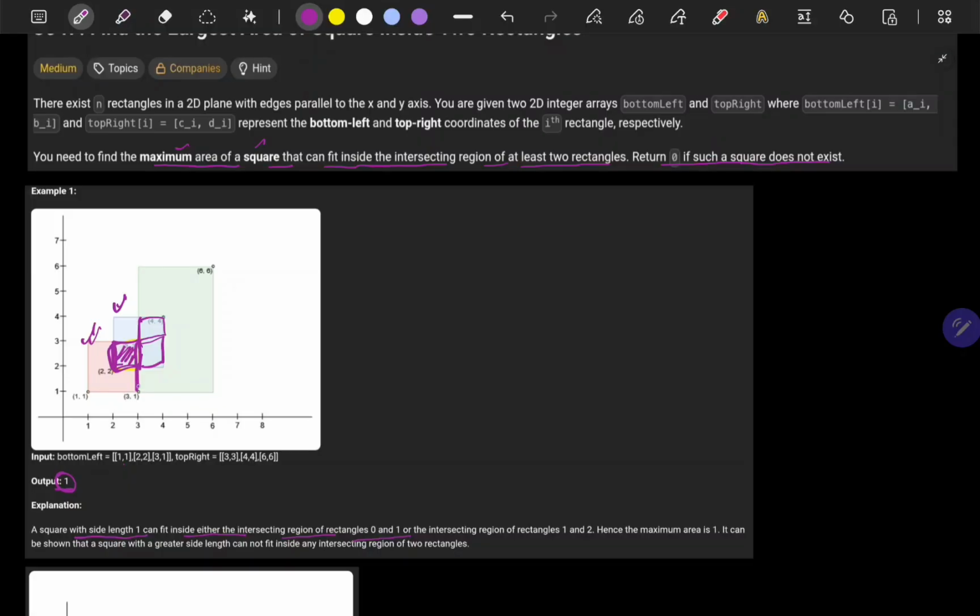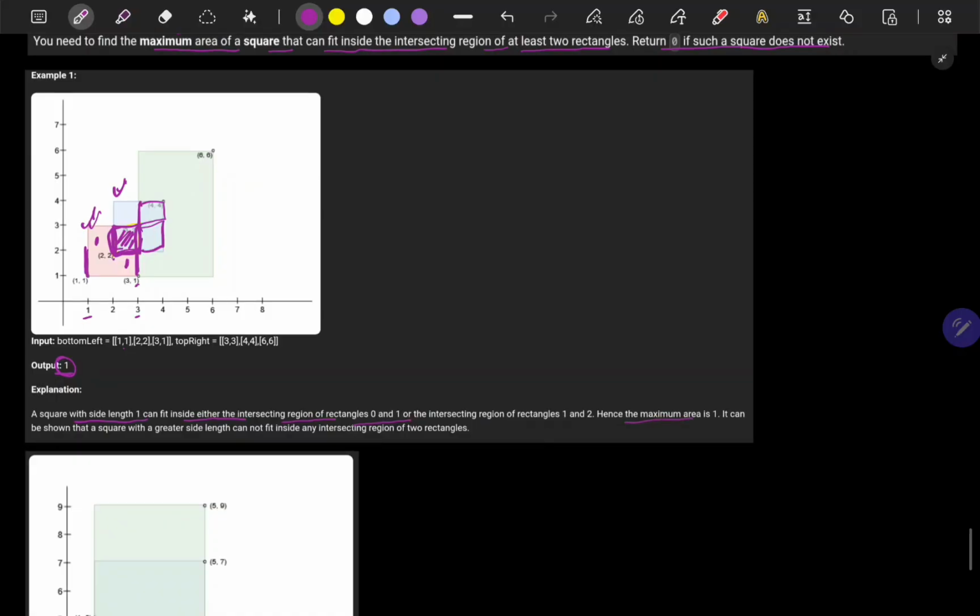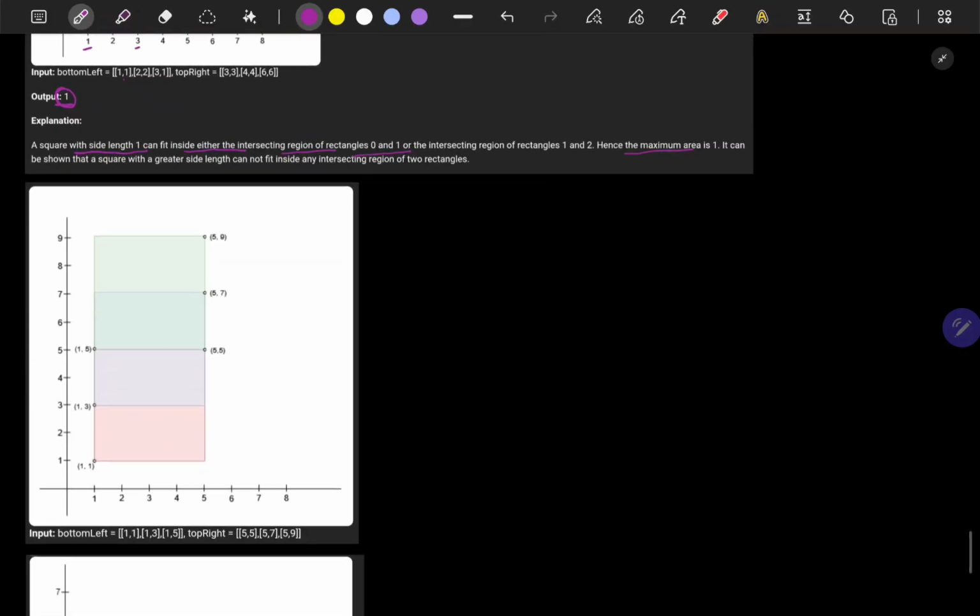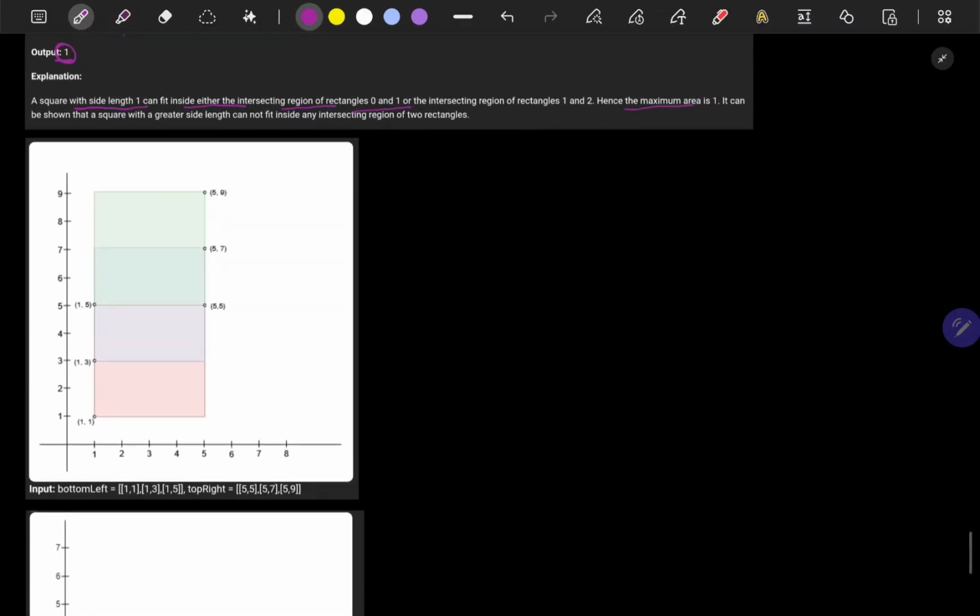Because if you see this length, 3 minus 1 is 2, meaning this is 1 unit and this is also 1 unit. Also for rectangles 1 and 2, we have this region overlapping, but a square can be of this one only or this one. So the maximum is 1, the answer. We'll see the other example also.